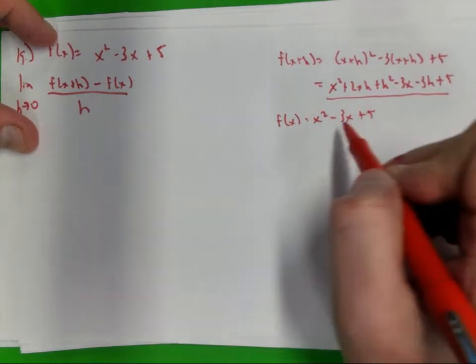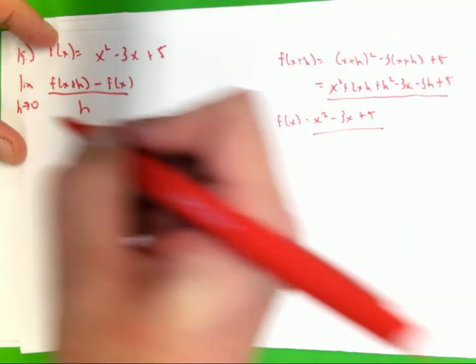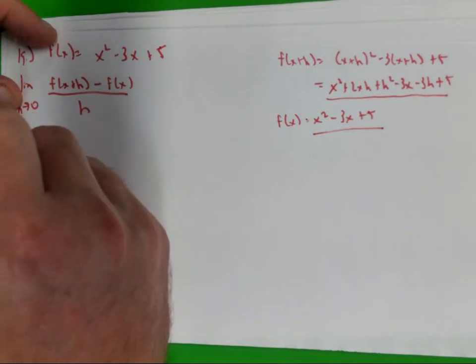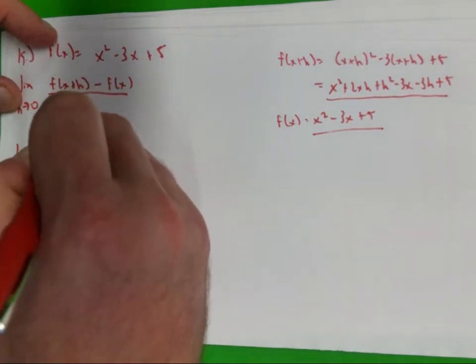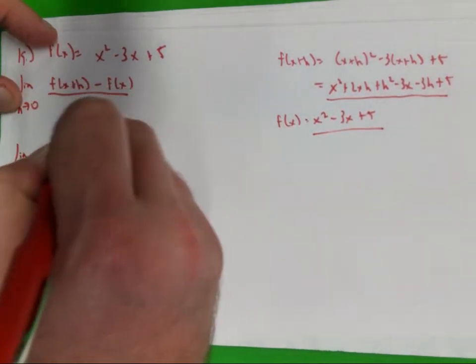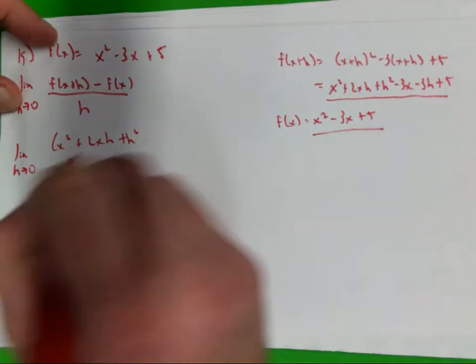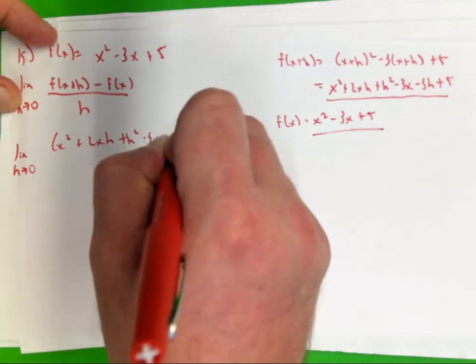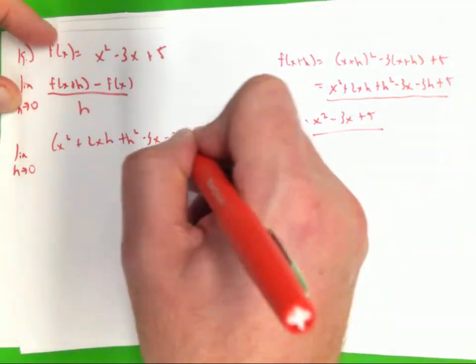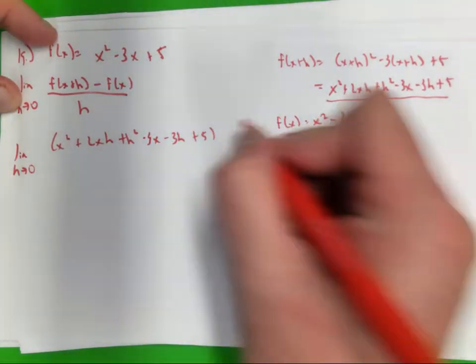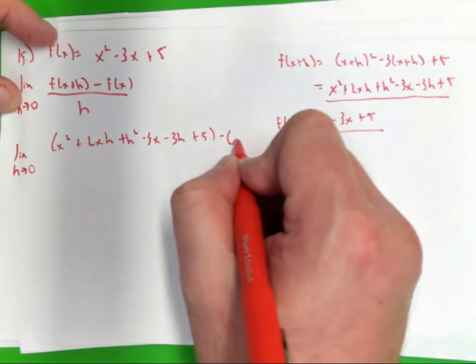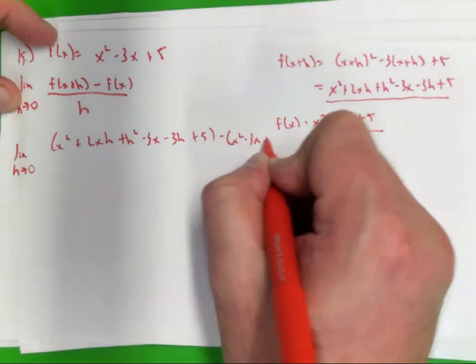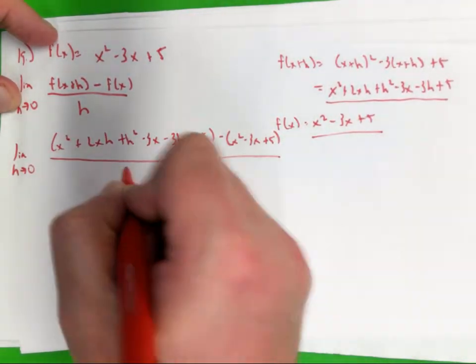Now I'm going to use this and this to plug into my formula. The limit as h approaches 0 of x squared plus 2xh plus h squared minus 3x minus 3h plus 5 minus x squared minus 3x plus 5, all over h.